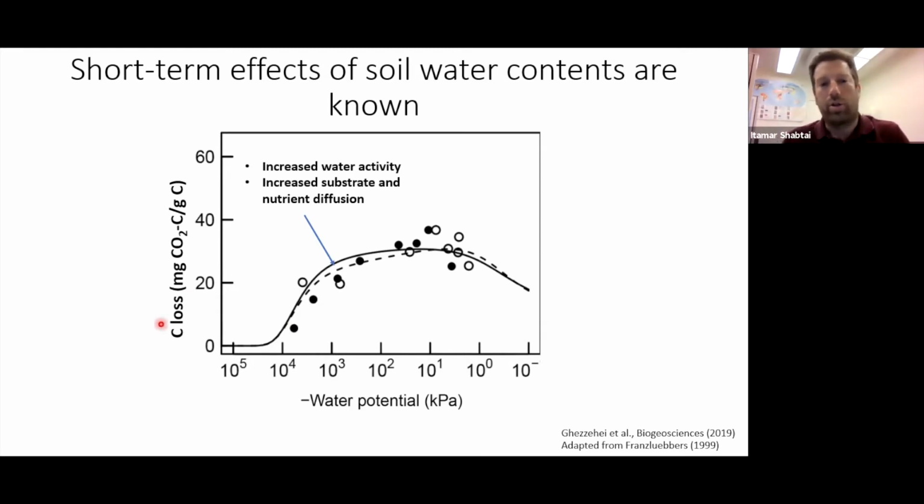And this is reflected in higher C loss here as respiration and CO2. But when we increase the water content even further, oxygen diffusion now becomes a limiting factor, which is reflected in a decrease in carbon loss.